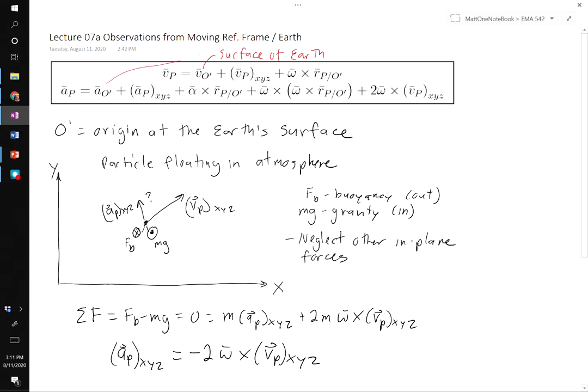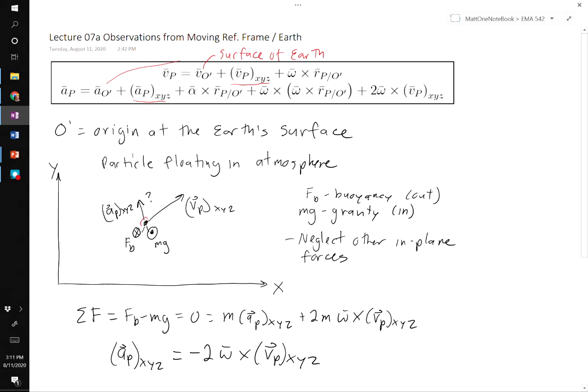So this is the motion of a point on the surface of the Earth. And if we're a particle, we might know the velocity and acceleration relative to the Earth. And we want to use that to find an equation of motion so we can calculate how these accelerations will cause a particle to move as it's floating in the atmosphere.